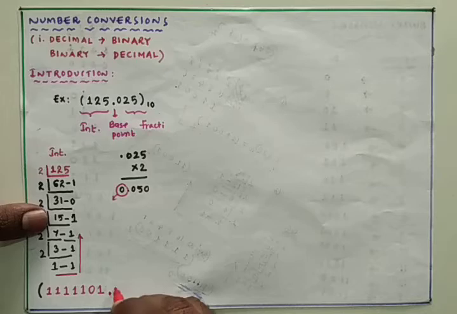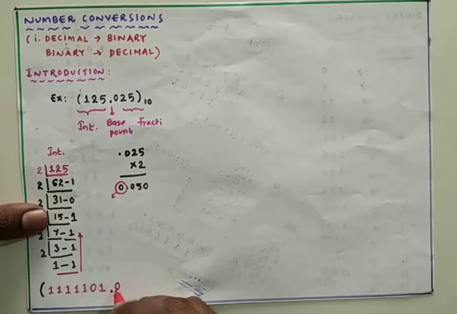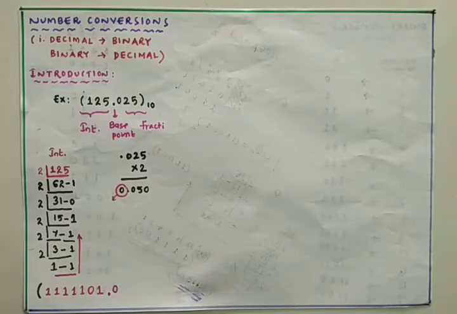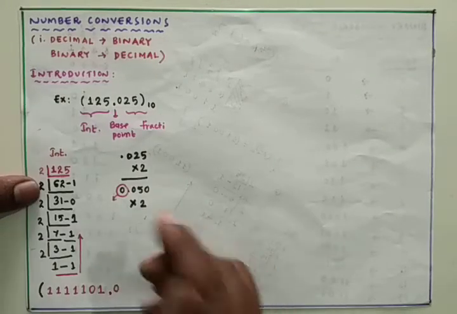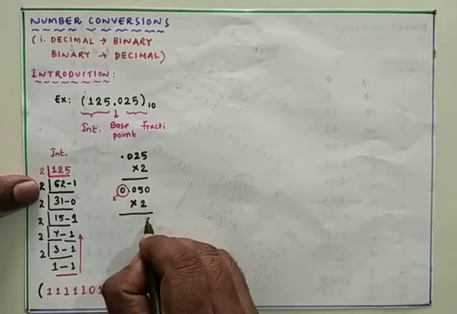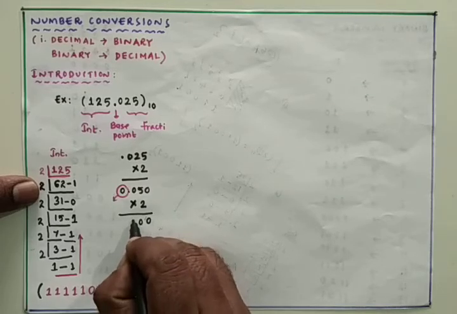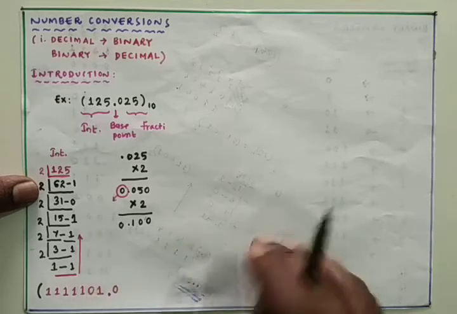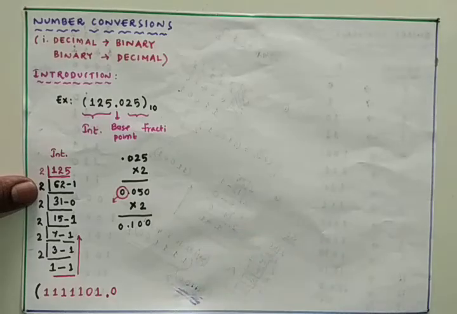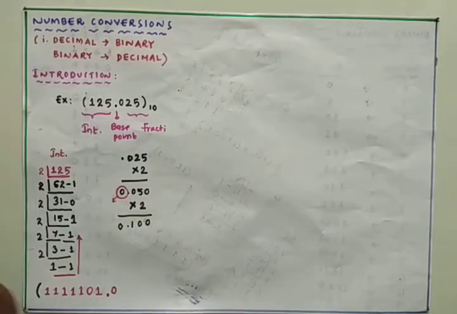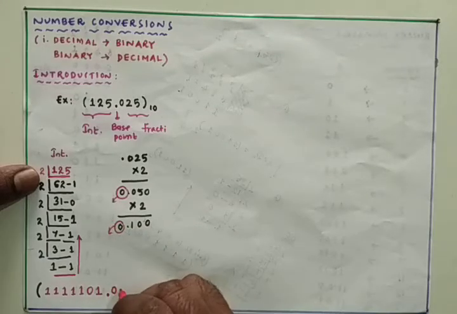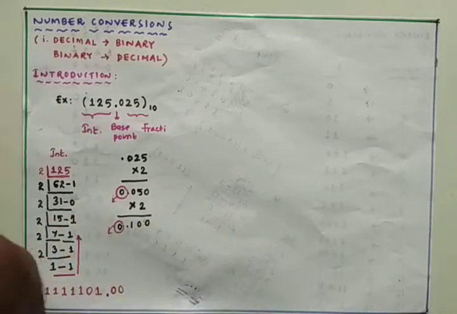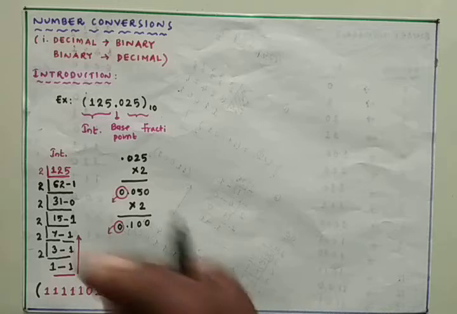Next, that will come here now. Next we have to multiply again. We have to multiply with 2. This will be 0.100. Then this will again have 0 only, so we have to write this 0 here. Then multiply with the 2 now.